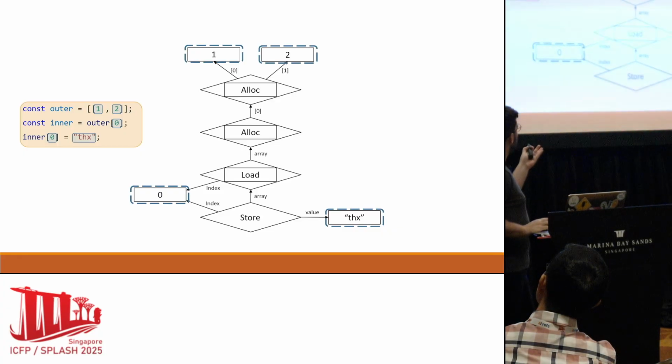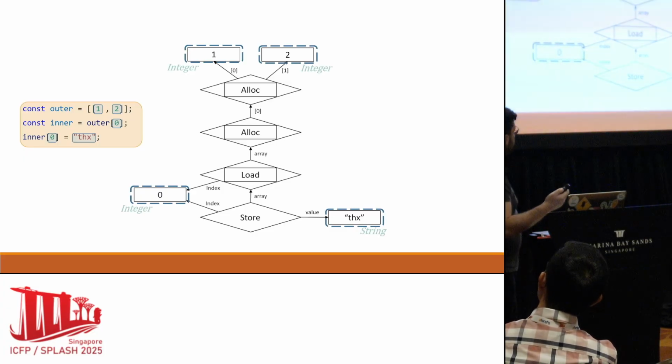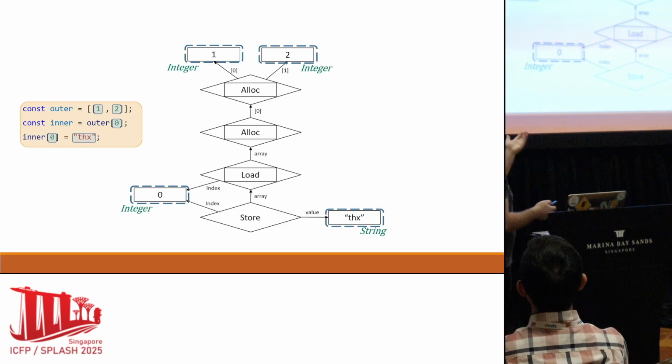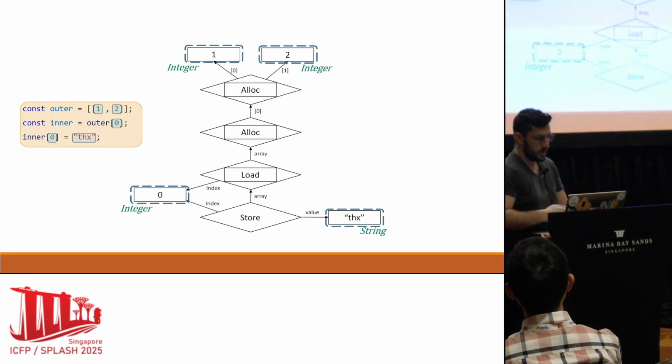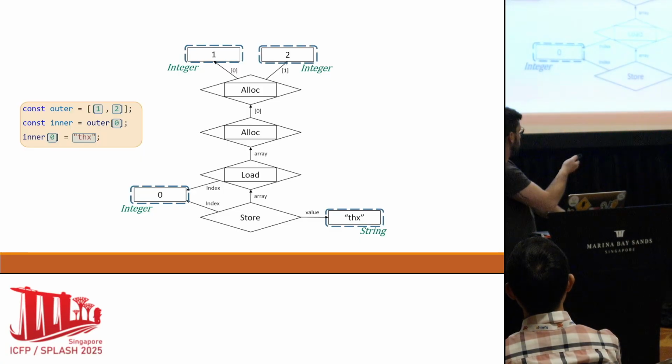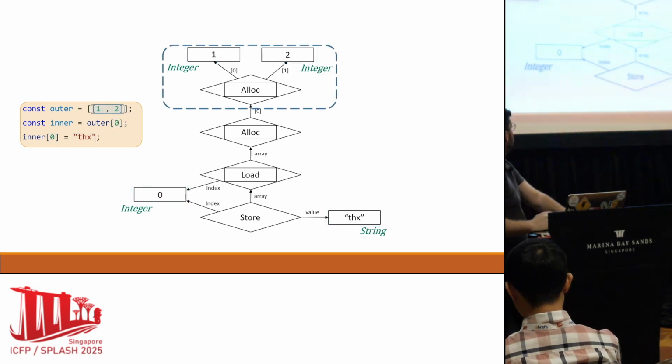I will show you the inference in a specific order for this talk, because it's easier for me to explain that way, but obviously the order shouldn't matter, and we run these inference rules until we reach a fixed point. So first, for literals, it's quite easy. We just infer by the type of the literal in the source program, either integers, strings, undefined, and so on.